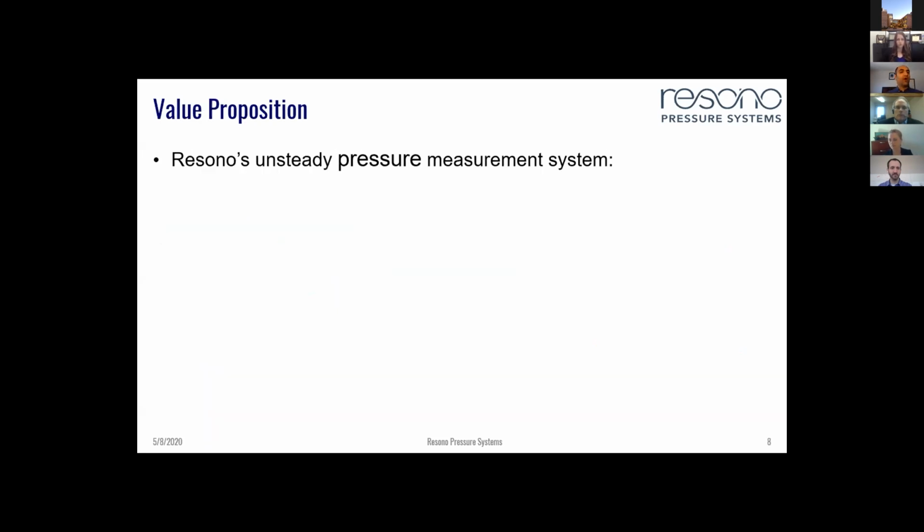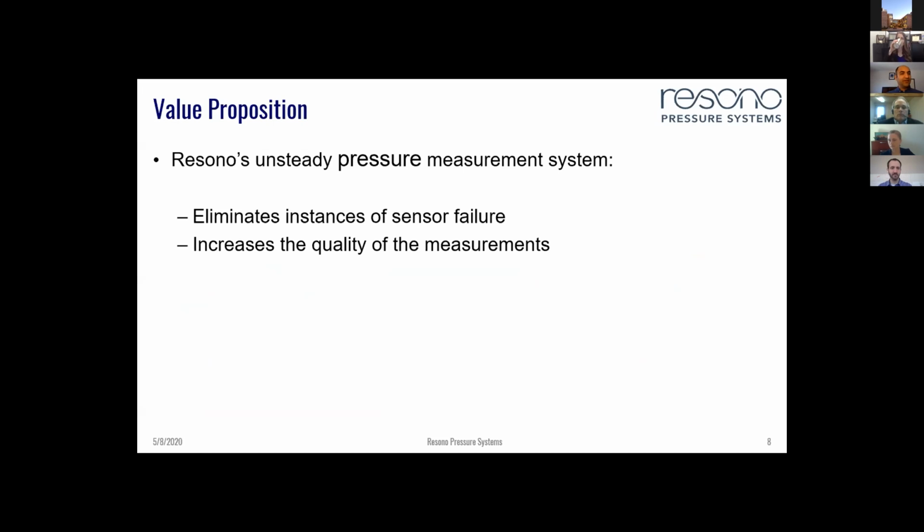It turns out there is a lot of value in this methodology, in the system that we have developed. It essentially eliminates instances of sensor failure. It increases the quality of the measurements and provides flexibility in measurement system design, because now you don't have to, for example, jam 500 pressure sensors in a small area.